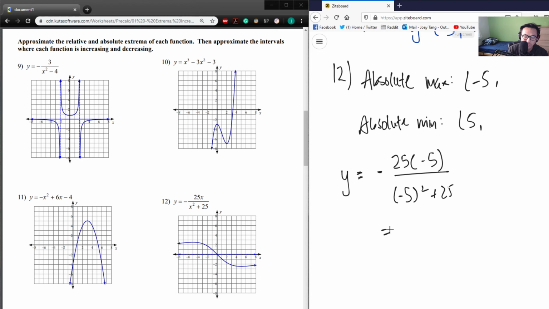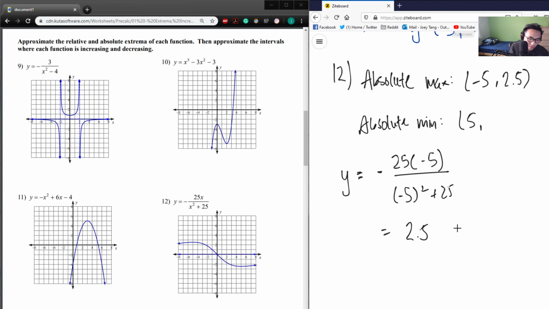I'm going to get 2.5. So this here was 2.5. It's not technically 3, so I got that wrong, but I assumed it was 3. Can't really approximate. But so this here, absolute maximum would be 2.5.